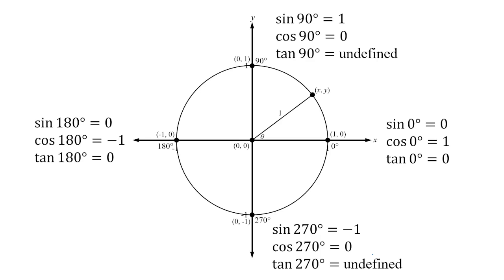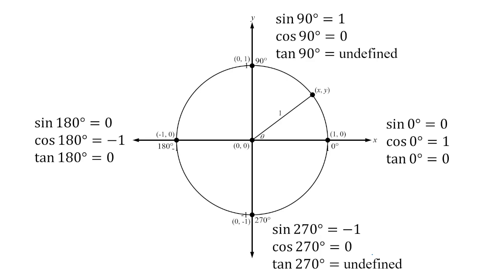And also at 90 degrees and 270 degrees, tangent is undefined. Because remember, tangent is y over x. And in both cases, 0 is in the denominator, which should not be. So that's why for 90 degrees and 270 degrees, tangent is undefined.